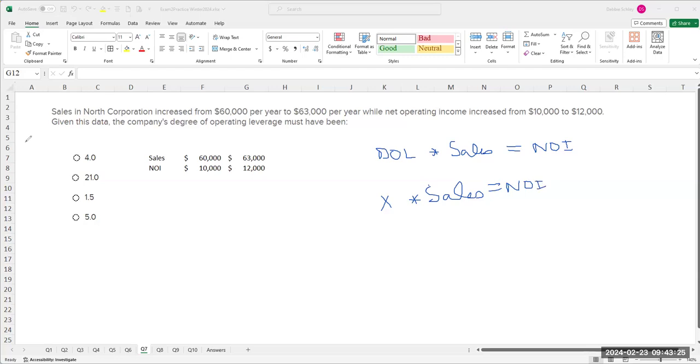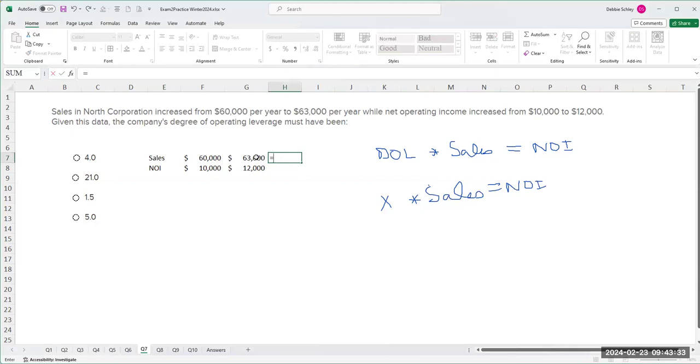So real quick, let's just do that. So the change is the 63,000 minus the 60,000 and the 2,000. So I want to convert that to a percent of change.